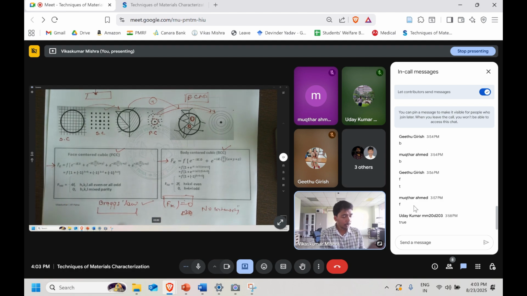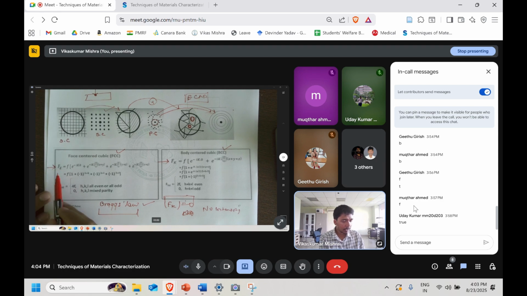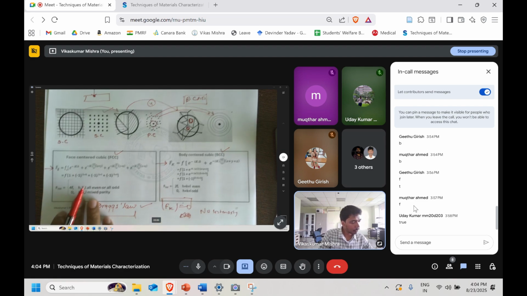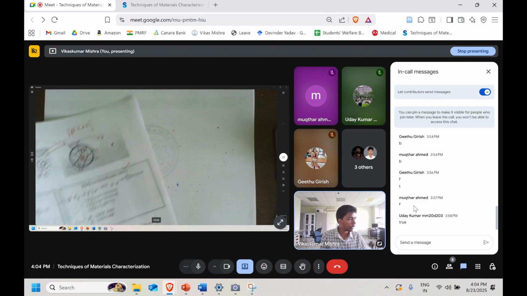Okay. So now what is the structure factor? The structure factor is given by capital F. It's not very clear over here, better I write it somewhere.